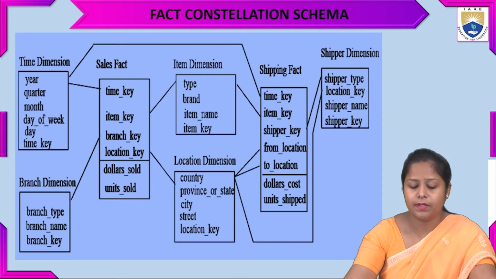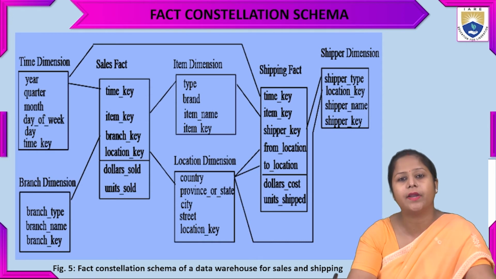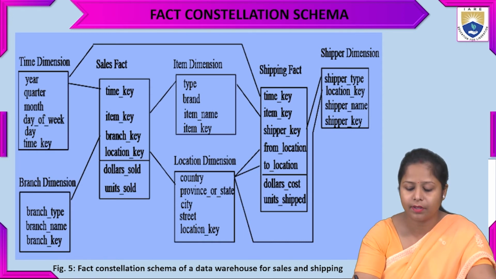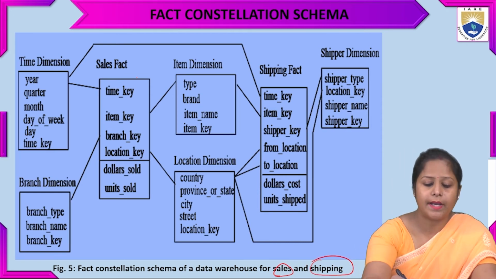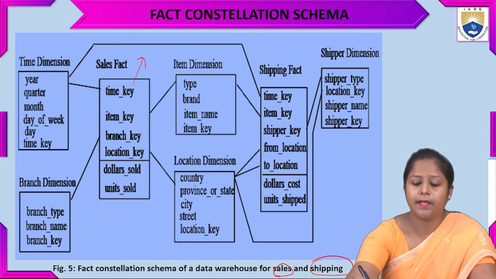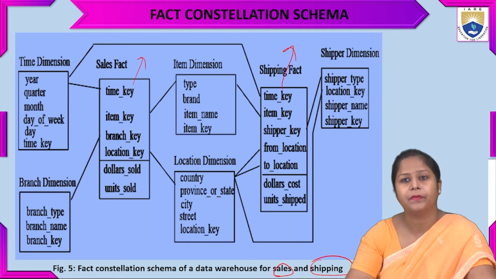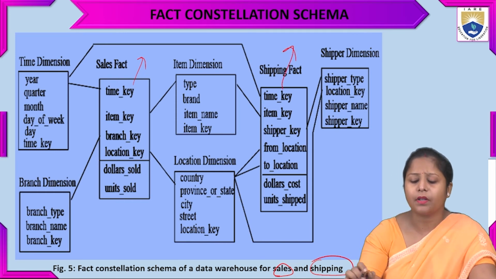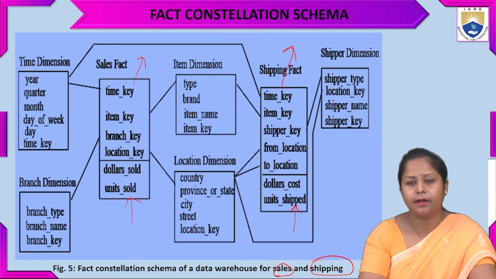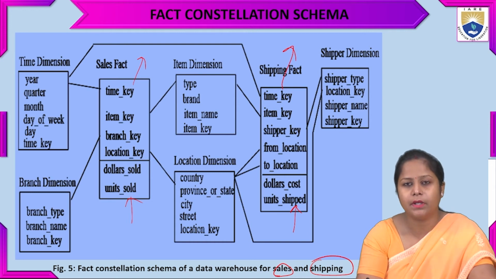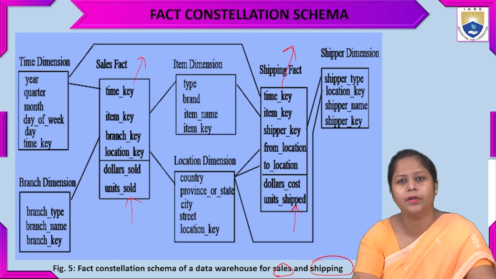See, this is the example of a fact constellation schema for the data warehouse of sales and shipping dimensions, right? Here the fact table is sales, and the other fact table is shipping, so there is more than one fact table here. The respective dimension tables can be associated with both fact tables.